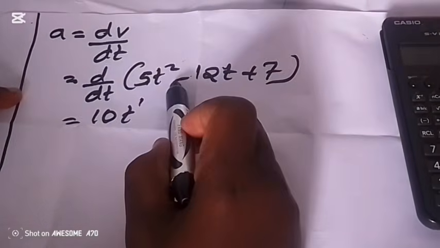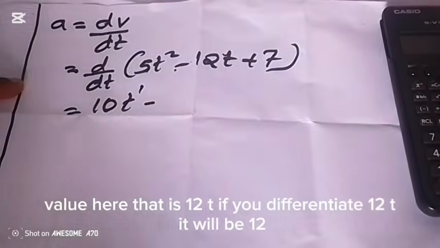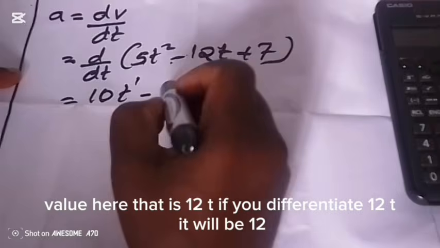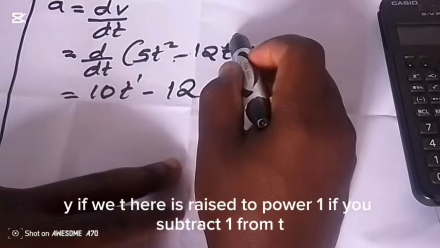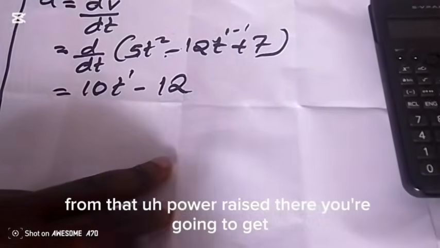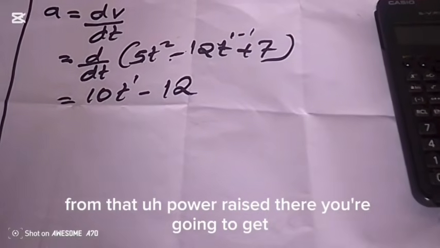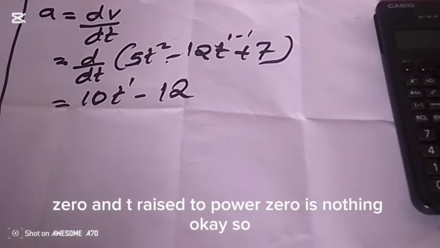Then we differentiate the other value, 12t. If we differentiate 12t, it will be 12. Why? Because t is raised to power 1, and if you subtract 1 from that power, you get 0, and t raised to power 0 is nothing.